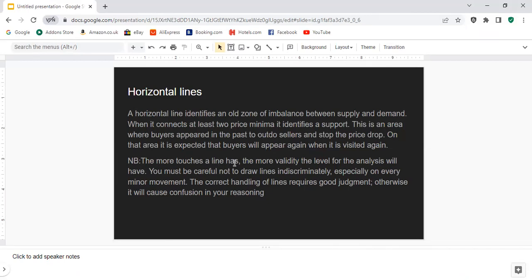The more touches a line has, the more significant the level is for the analysis. You must be careful not to draw lines indiscriminately, especially on every minor movement. Make sure that you are always drawing the right line and doing everything right.